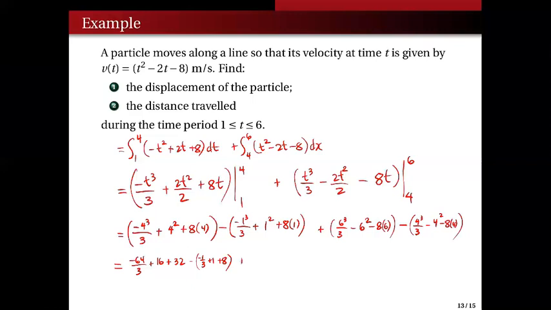Then plus, for this part, you have 72 minus 36 minus 48, minus the quantity 4 cubed over 3, that's 64 over 3, minus 16, minus 32. Let me put the parentheses also in here. So just simplify this and you should get a good answer.